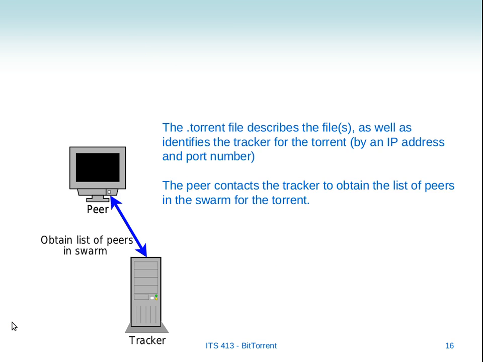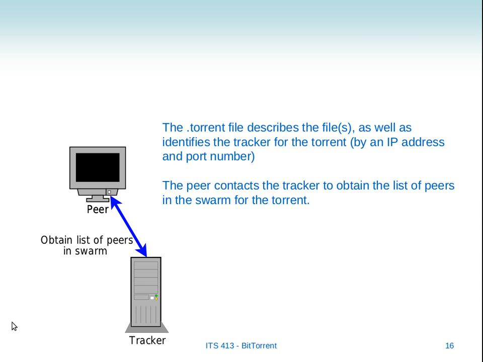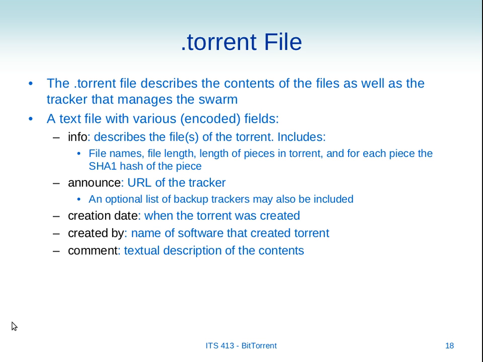If you go back, just remember, a torrent may have multiple files. A torrent can be broken into pieces, which are then broken into blocks. The .torrent file describes those multiple files in the info field.